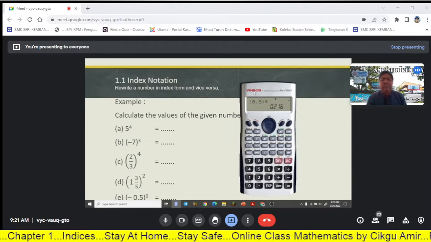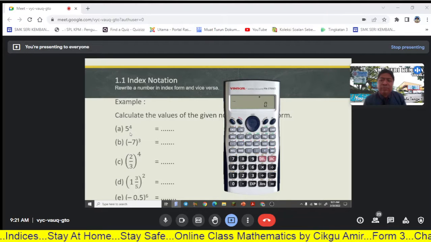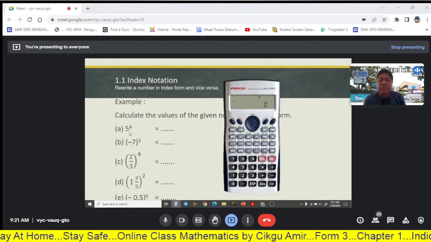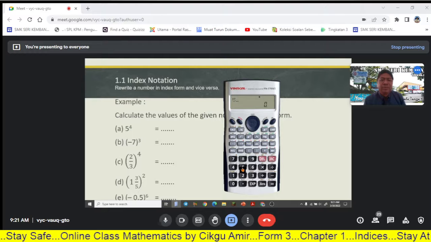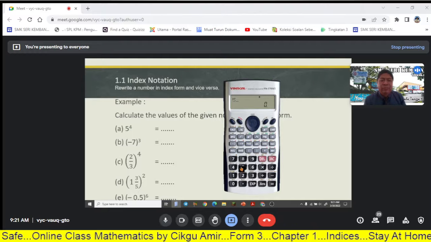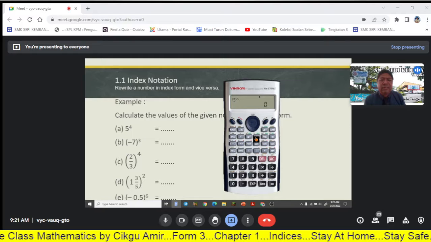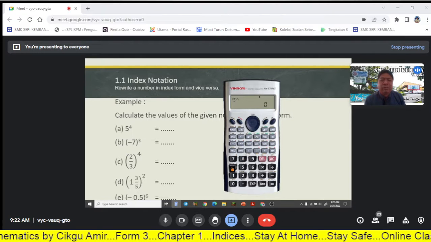The first one is 5 to the power of 4. So I press 5, then I use the arrow-like symbol and press number 4.